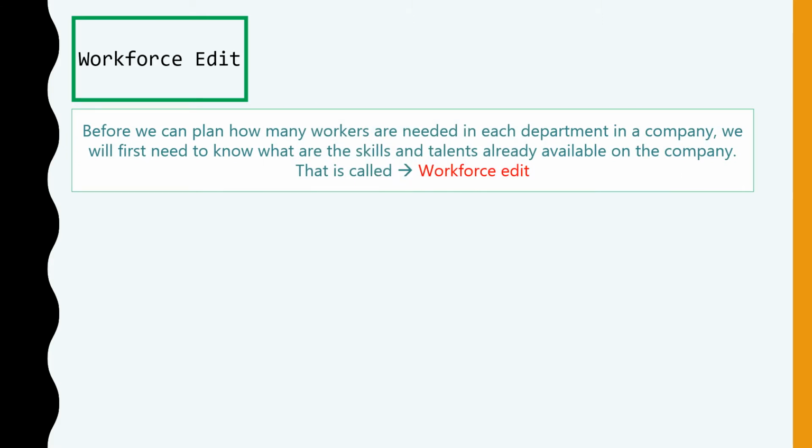It's basically looking at a particular company and the number of skills and talents already available in the company, because before you decide on how many more people you need to hire, you may want to look at what you already have in the company. Perhaps there are some people who have relevant skills in different areas and can be used for those areas as well. So identifying what you have is very, very important before deciding to expand further or hire more.